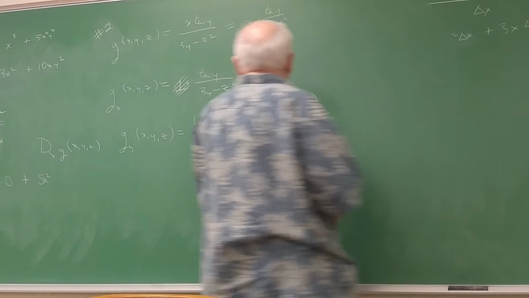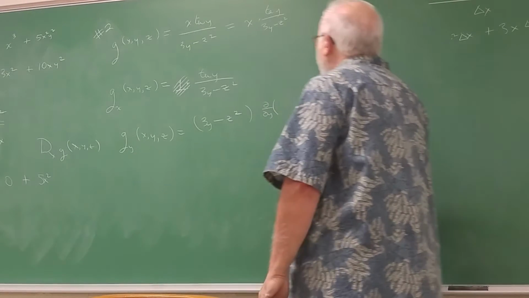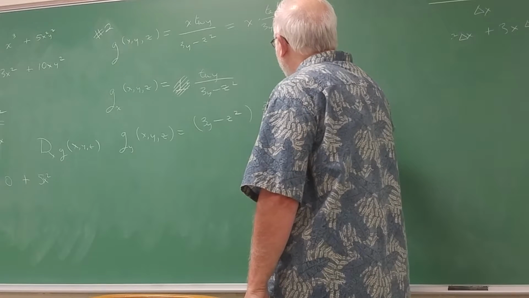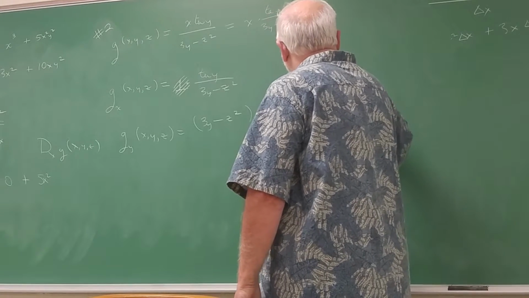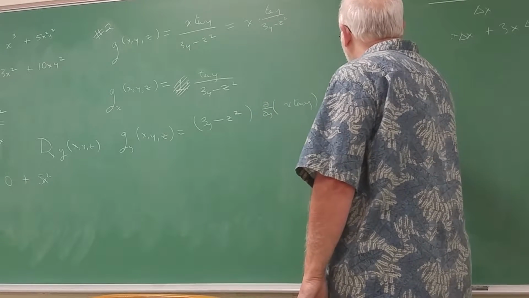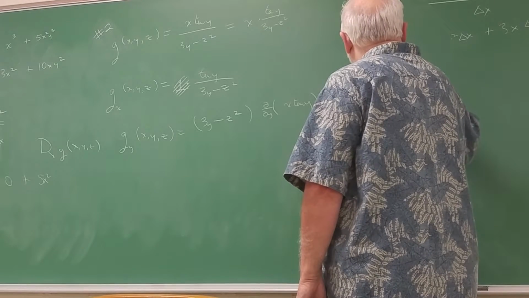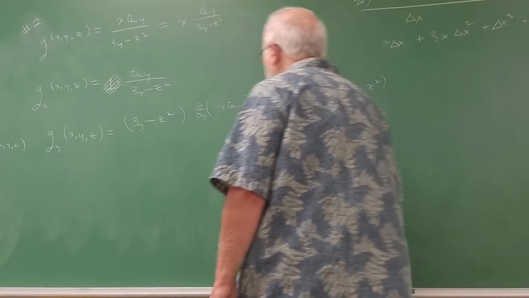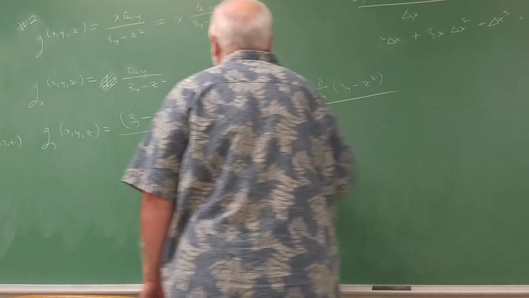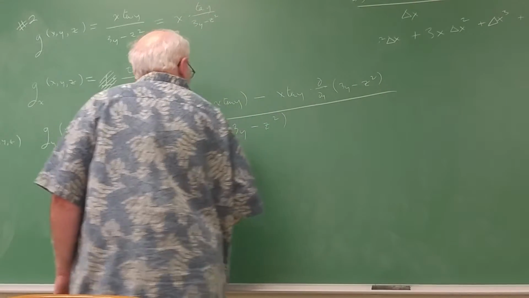But anyway, this just says take the y derivative of whatever that is. And so, what do we have here? x tangent y, and then we subtract the top times the derivative of the bottom, del y of 3y minus z squared, all over the square.